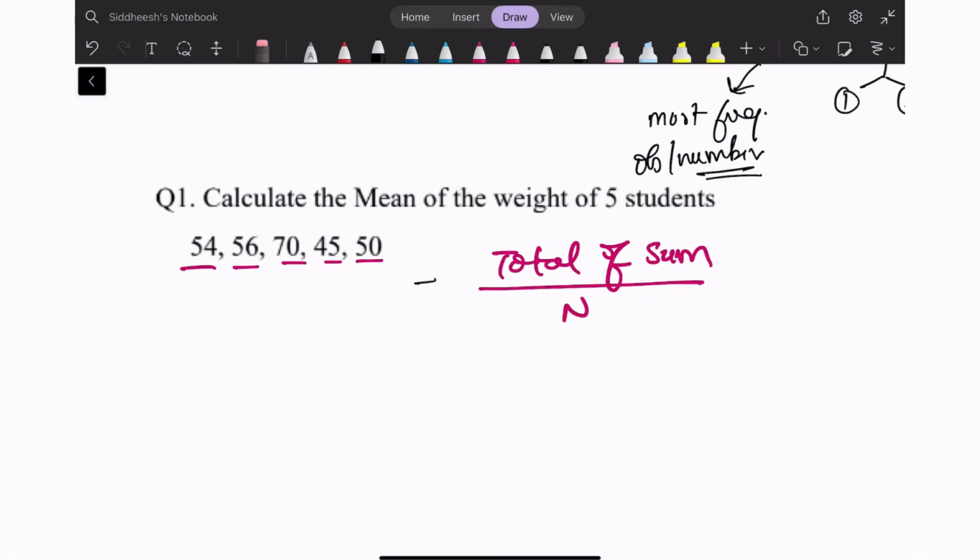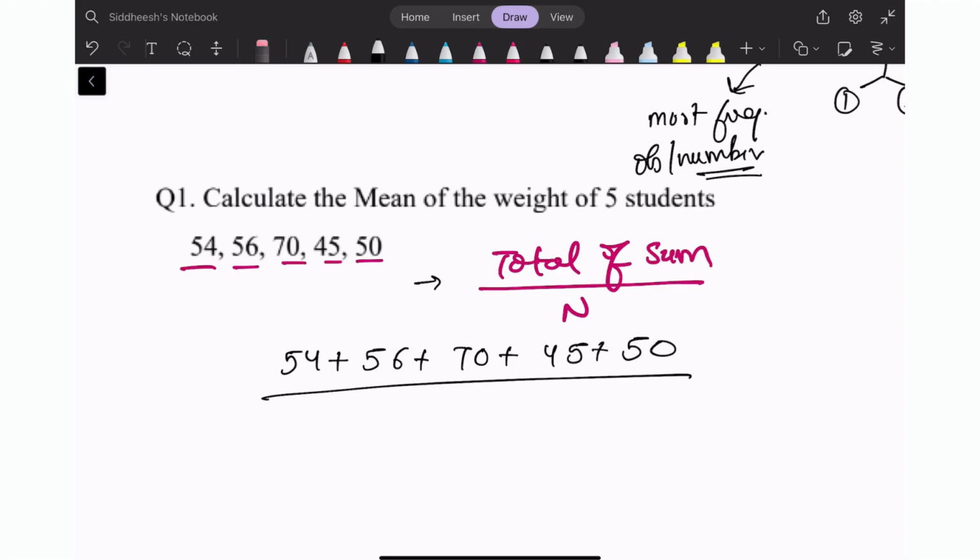Next step: 54 plus 56 plus 70 plus 45 plus 50 upon the number of observations, that is 5. Once you solve it, you get 275 upon 5, which is equal to 55. This is your mean.